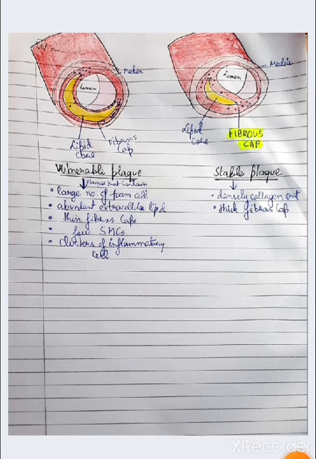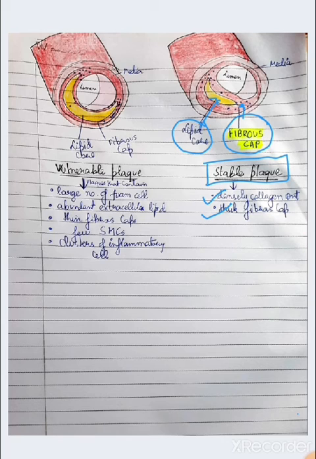Here let's see the vulnerable plaque and the stable plaque. Firstly we'll learn about the stable plaque. Here the collagen is dense, with a thick fibrous cap. In this area you can see the fibrous cap, and the one in yellow is the lipid core.